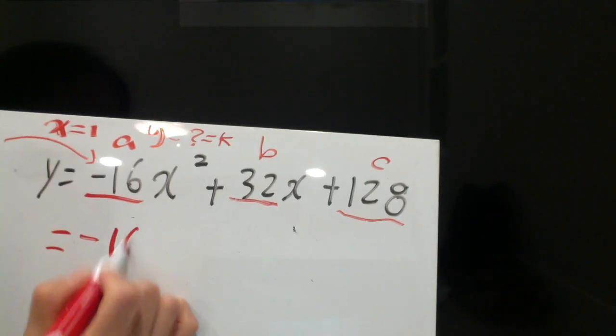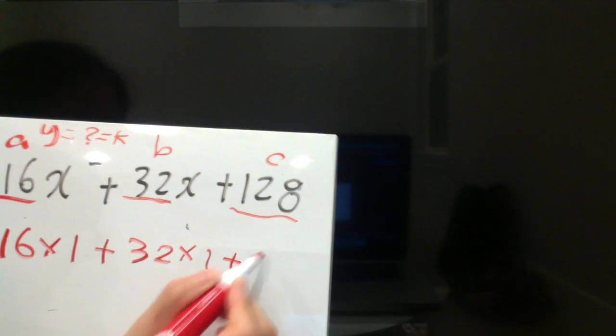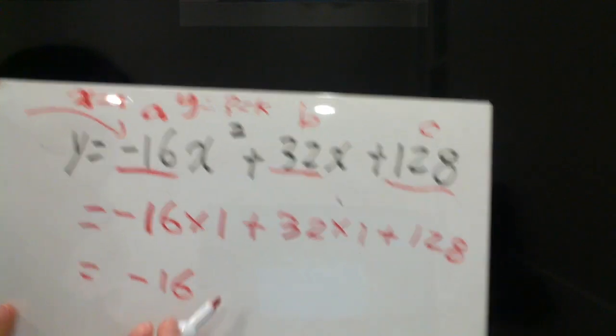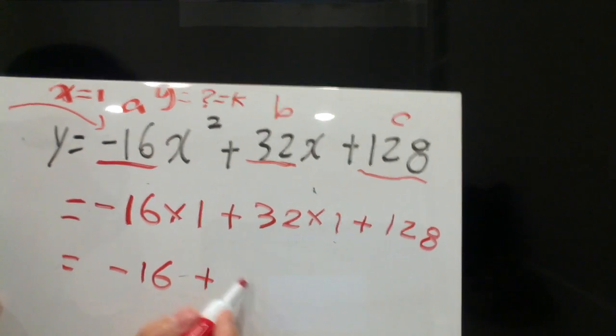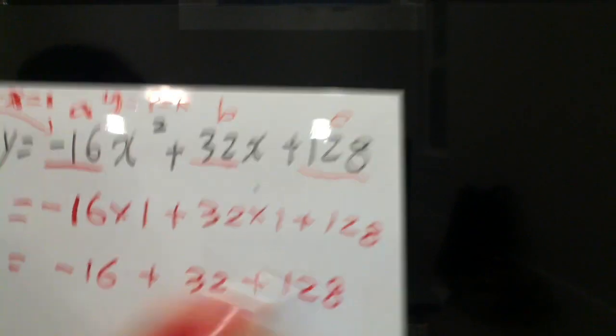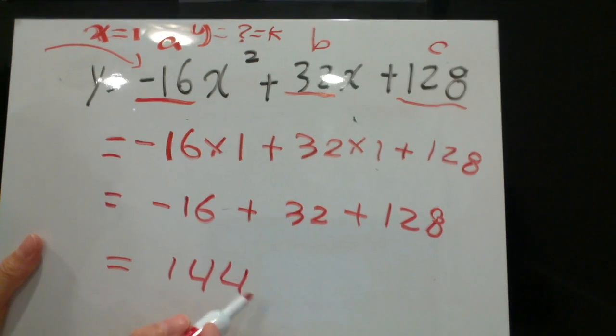So negative 16 times 1 squared plus 32 times 1 plus 128. So negative 16, 32 plus 128. If you calculate this, you will get 144.